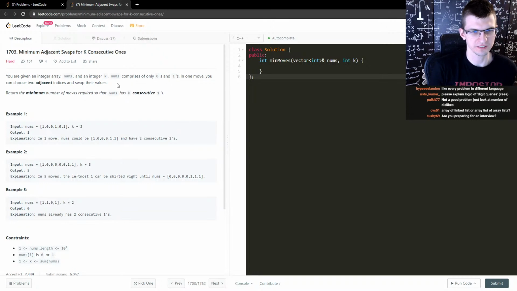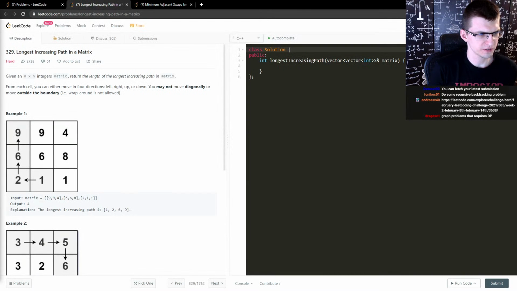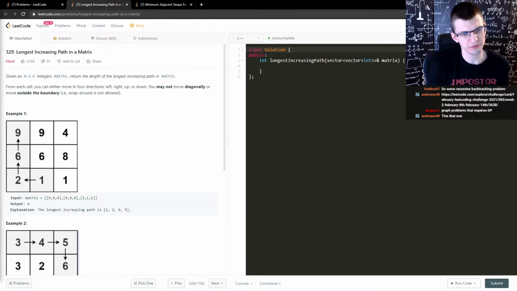I don't know, but I did this already. I think it was during a stream. Increasing path in a matrix, maybe that. Logic of digit queries. It's not. This is a stream with coding interview problems, not something unrelated.